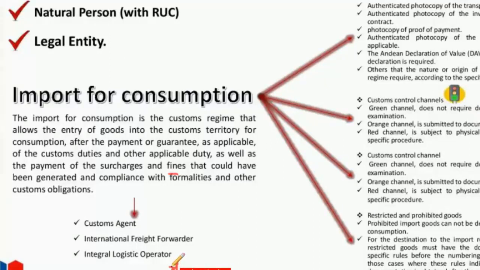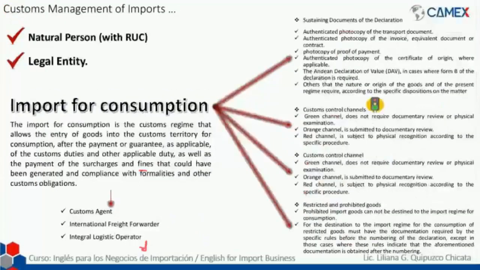So you will learn a little more, and once you know how to handle it, how to check everything, because you will have to check and know how to handle the situation. You can use a customs agent and an international freight forwarder, a different person for each process, if you find that is the cheaper way.